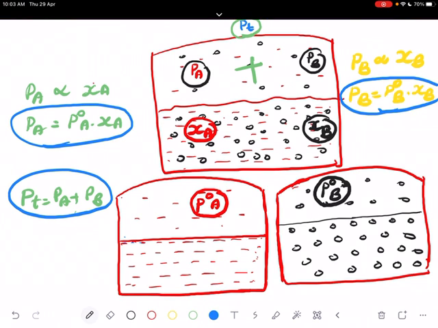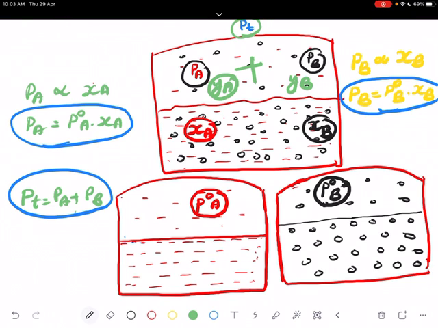Now, one more thing we can say, that is YA and YB. What are YA and YB? YA is the mole fraction of component A in the vapor phase, and YB is the mole fraction of component B in the vapor phase.